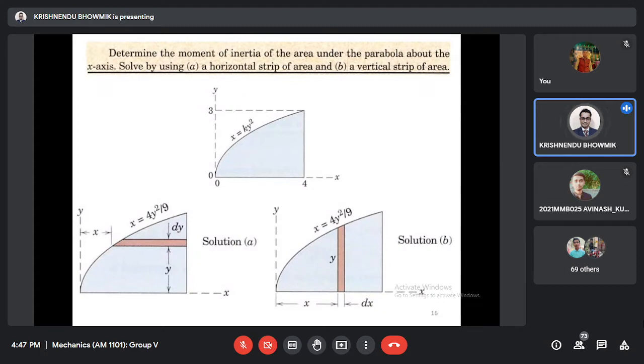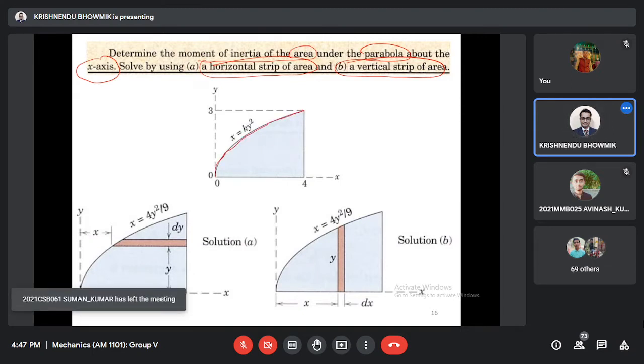Now it is asked to determine the moment of inertia of the area under the parabola about the x-axis. You can solve using a horizontal strip or a vertical strip. The curve given is a parabola, x equal to k y square.